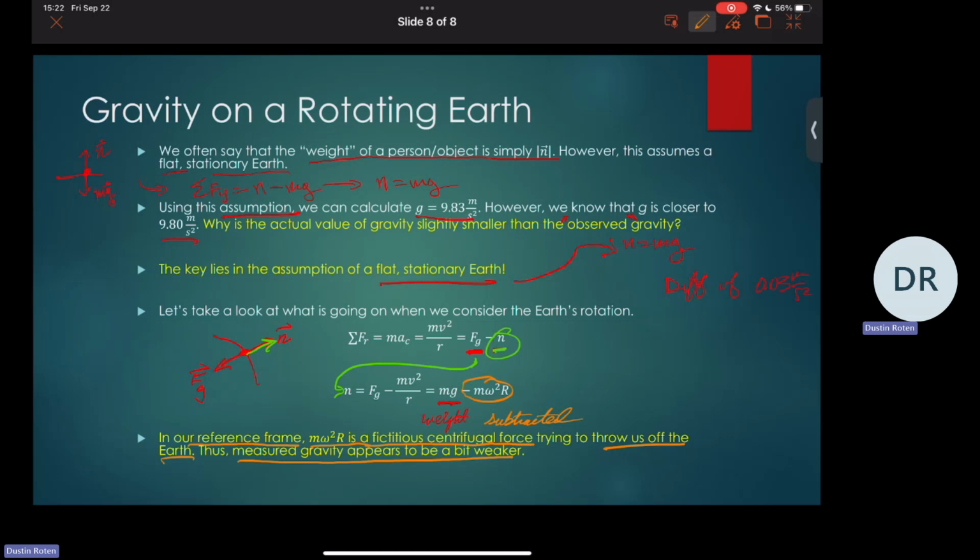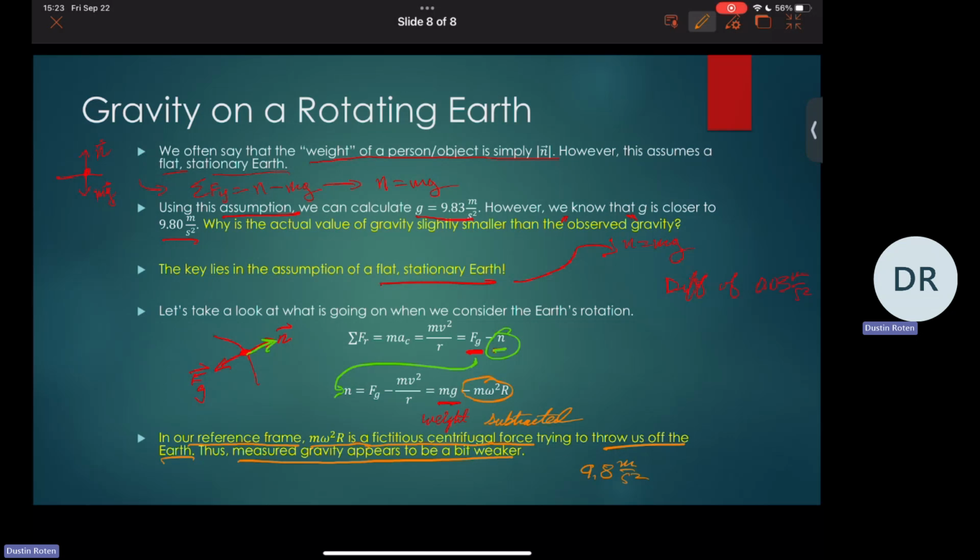So the fact that we're measuring 9.8 meters per second squared instead of that 9.83 is literally because of the rotation of the Earth. It doesn't change it by much, but there's a centrifugal force there in our reference frame.